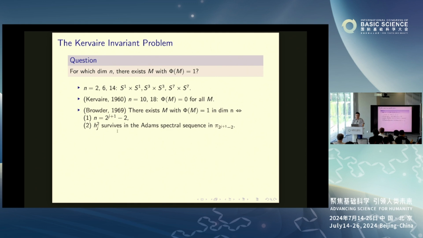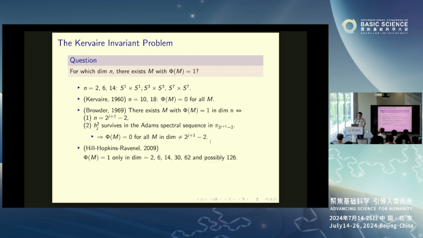Namely, a particular class has to survive in a spectral sequence that converges to the stable homotopy groups of spheres, and therefore this also converted the Kervaire invariant problem into a computation in algebraic topology. In particular, the Kervaire invariant has to be 0 in all dimensions if it is not of the form 2 less than a power of 2.